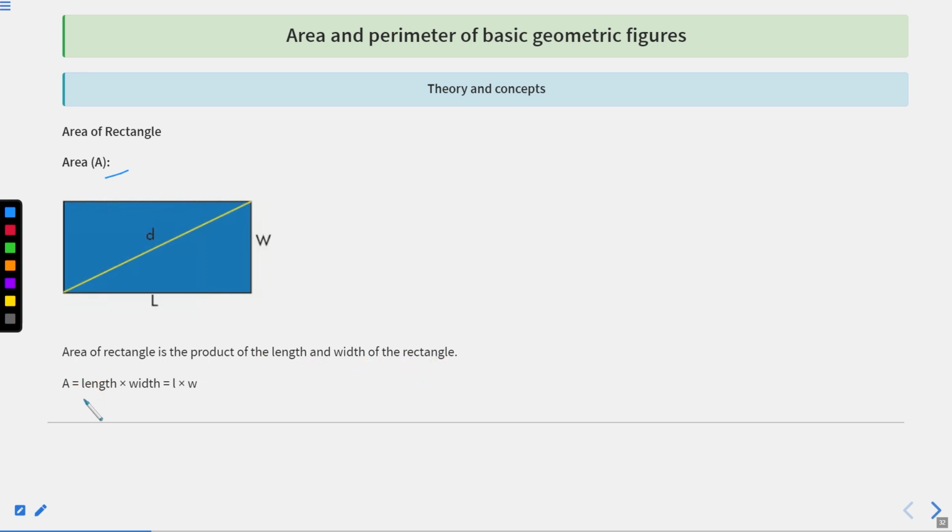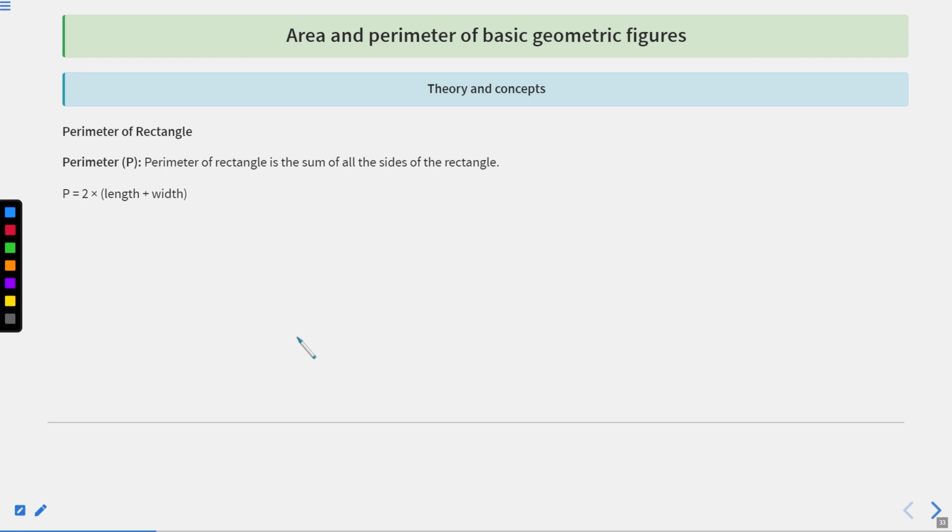So mathematically, area is given by length into width, that is L into W. Whenever a rectangle is given to you and its two sides are known, length and width, then you can easily calculate the area of a rectangle.